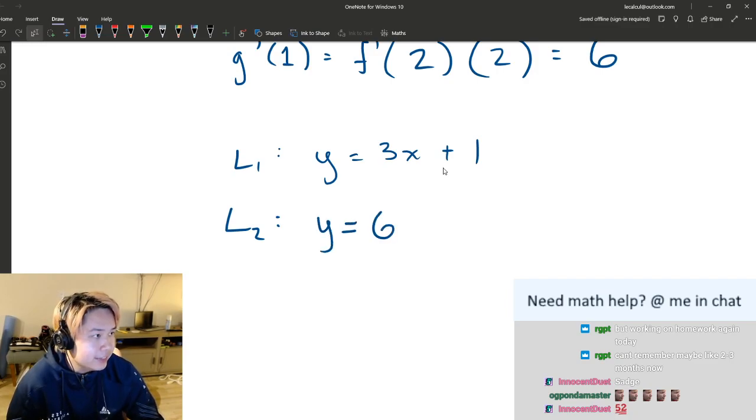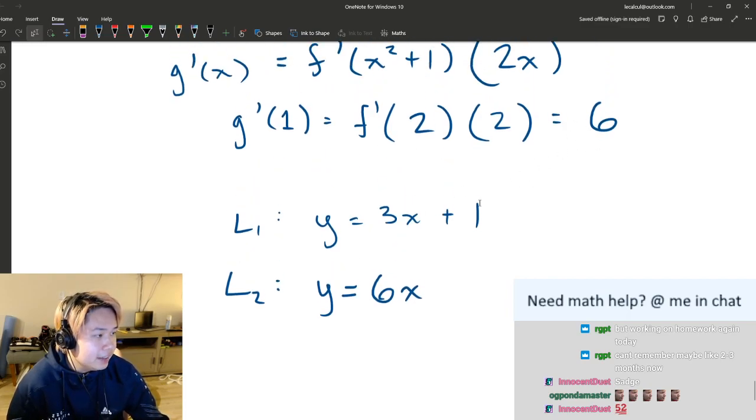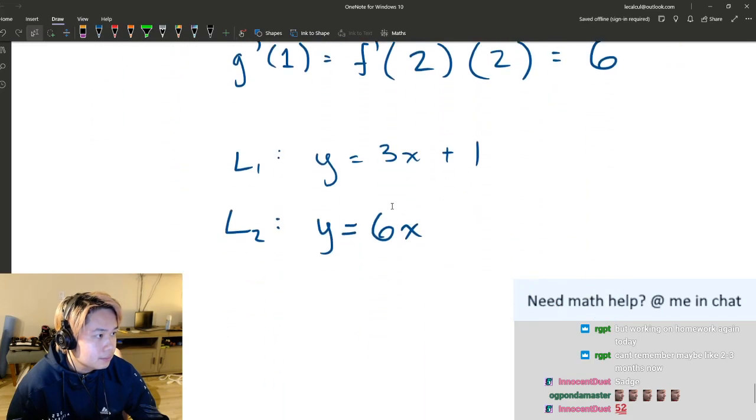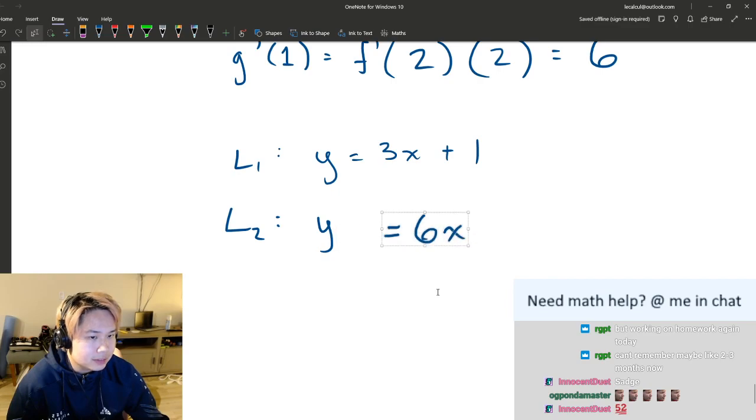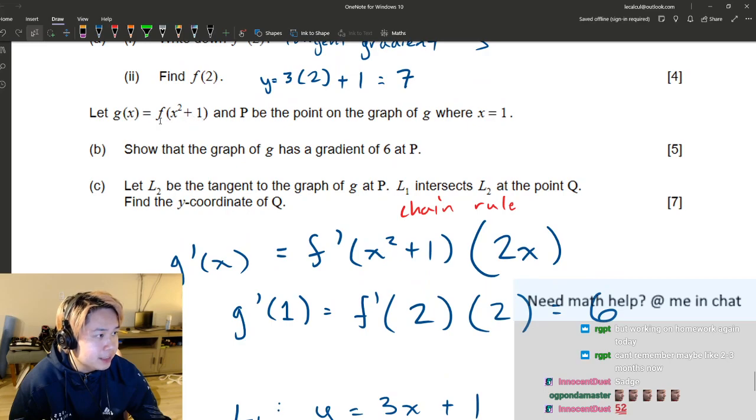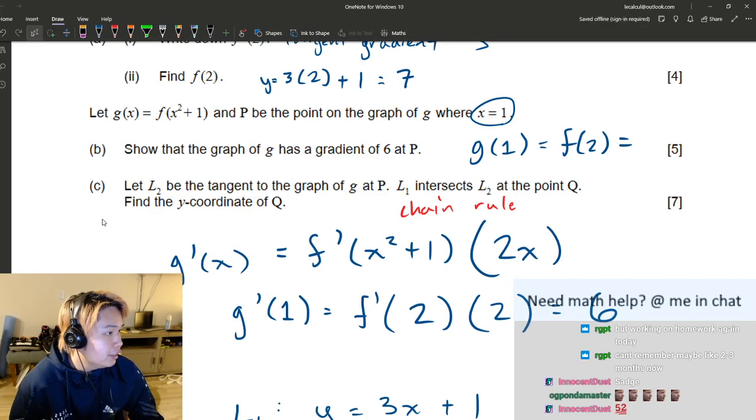I did just find out that the tangent gradient is 6. And then I need to find out the full equation of the line. So I'm going to use point gradient form because I can find out a point on g. So I know that if my x value is 1, then g of 1 is the same as f at 2, which I found out in part A is a y value of 7.